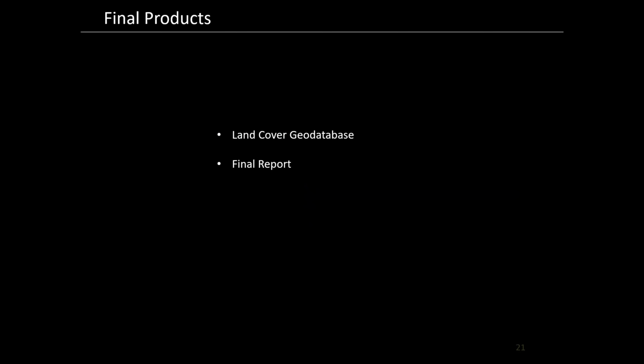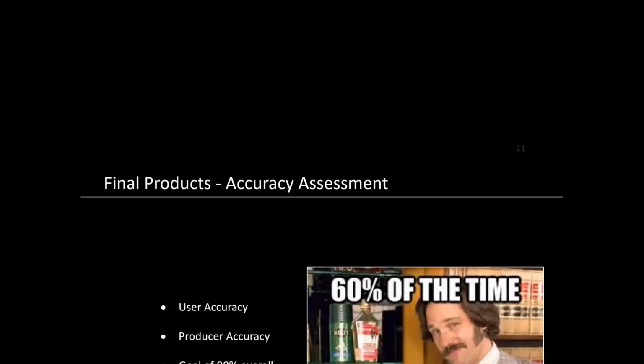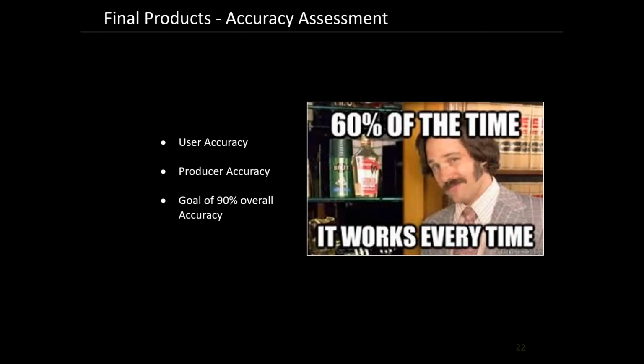A final report will be produced, as well as an accuracy assessment. The accuracy assessment will include user and producer accuracy, and I'm trying to achieve a goal of 90% overall accuracy for the data set.